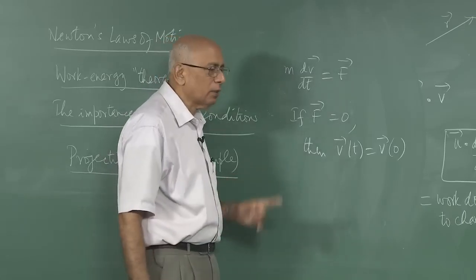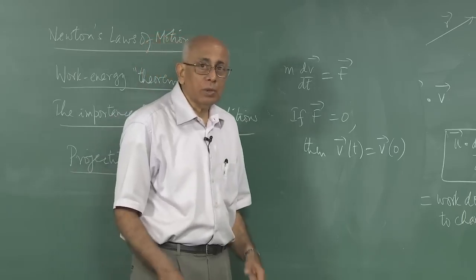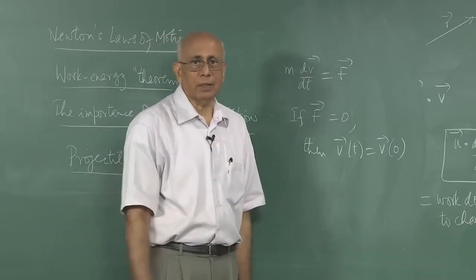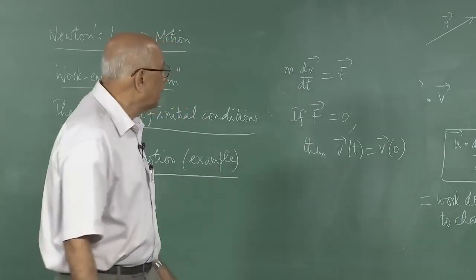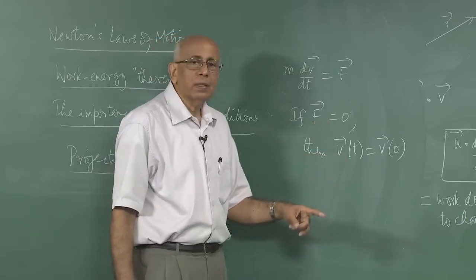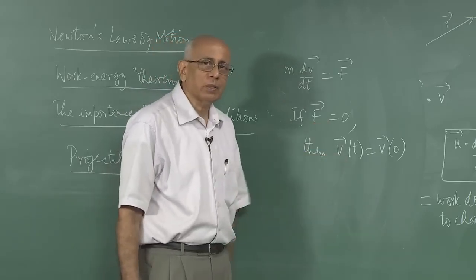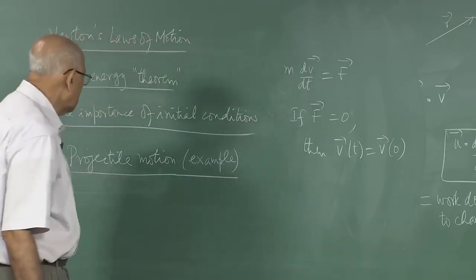So it is not that the first law is a special case of the second law. It is true that the laws are consistent with each other, they have to be, otherwise they won't form a set of laws of motion, but it is not true to imagine that the first law of Newton is actually derived as a special case of the second law. Not true. Think about why this should be so.